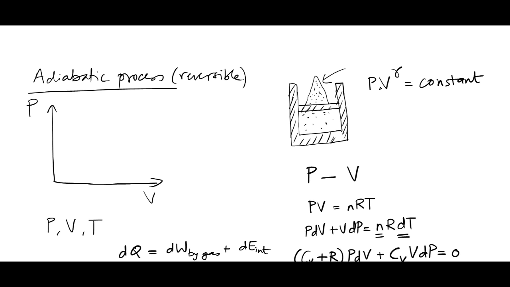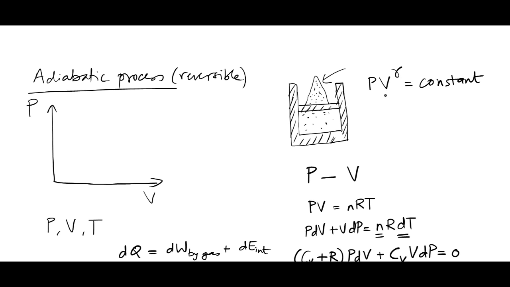Or you could say P1 V1 raised to gamma is equal to P2 V2 raised to gamma. That's another way of saying it. Now you know that gamma is a positive constant, and in fact it is larger than 1. Cp upon Cv, well, it's a positive constant. Cp is larger than Cv, so obviously gamma must be larger than 1.